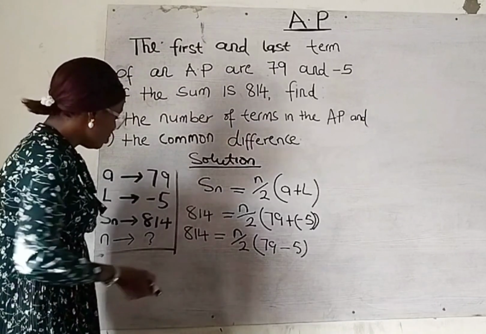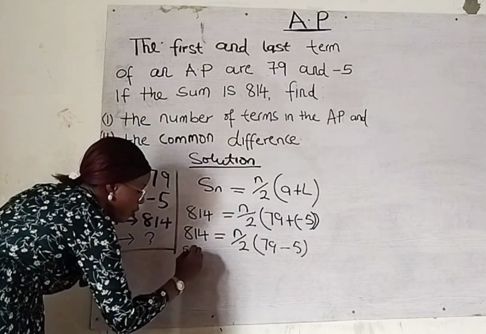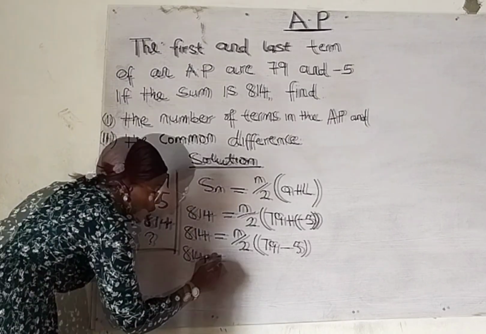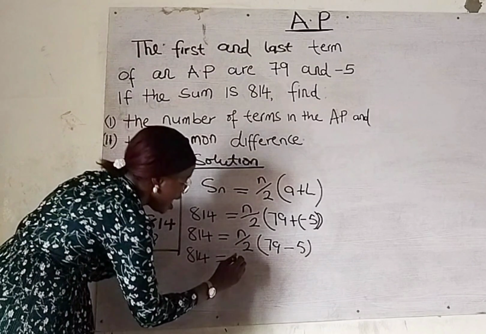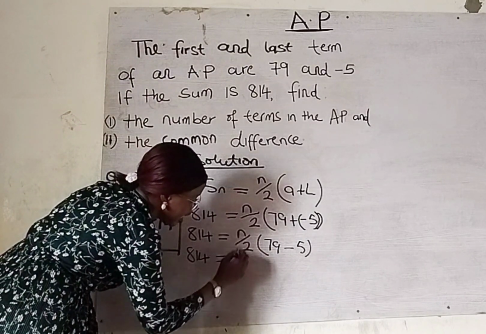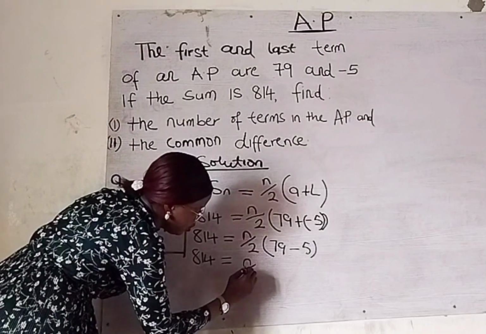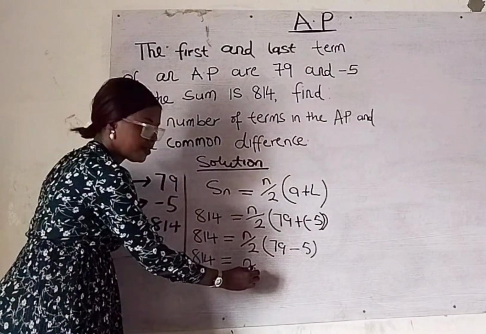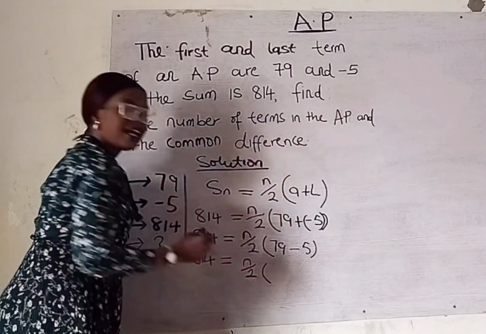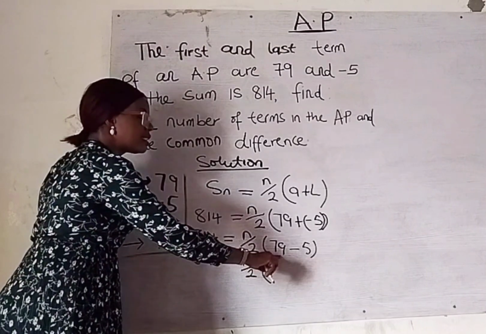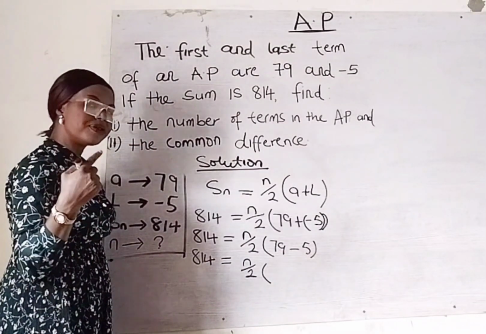So we continue. I carry down the 814. 814 is equal to n over 2. I open the bracket and I say 79 minus 5 gives us what? It gives us 74.